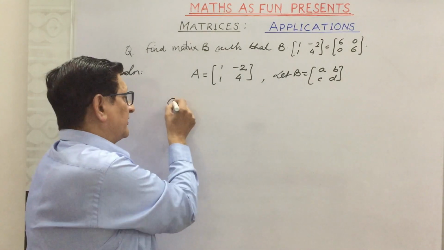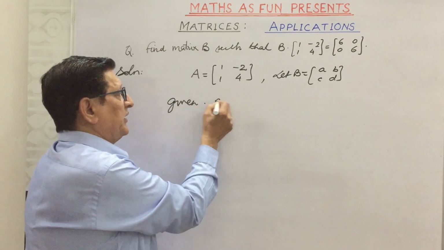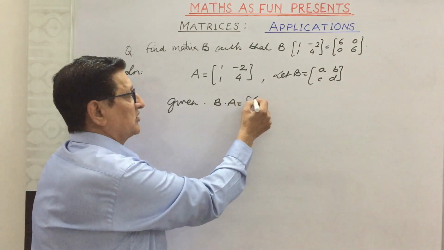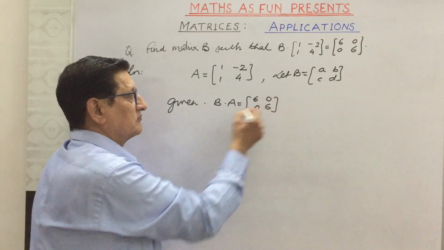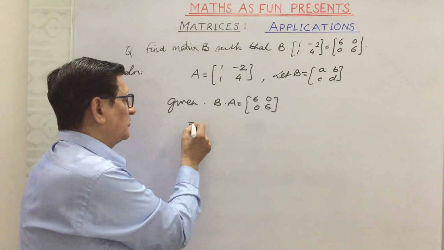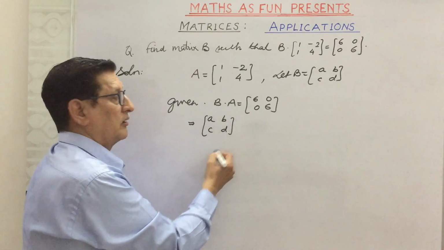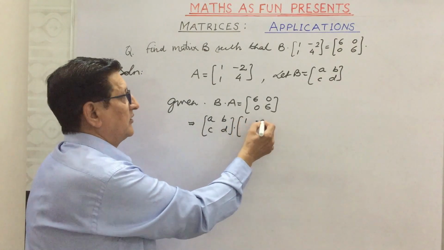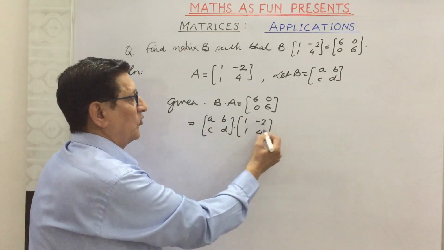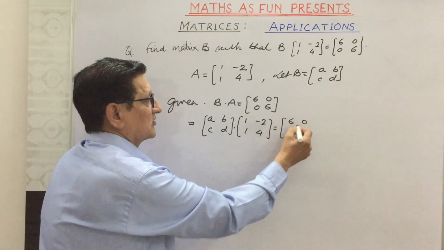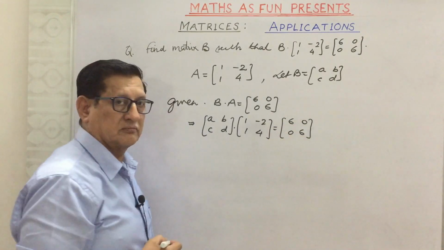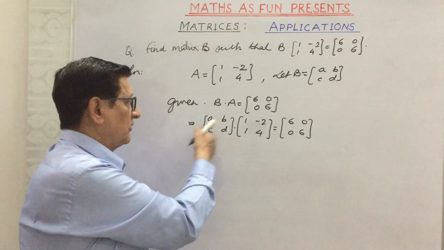Now we have been given that B into A is equal to 6, 0, 0, 6. We substitute the values. B, that is a, b, c, d, into A, that is 1, minus 2, 1, 4, is equal to 6, 0, 0, 6. We know how to multiply.